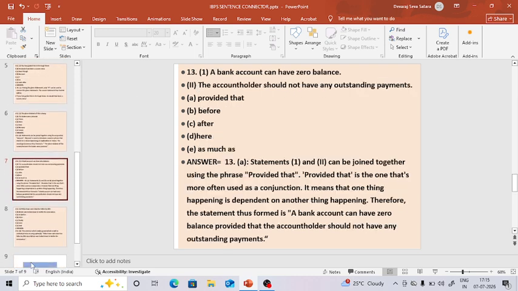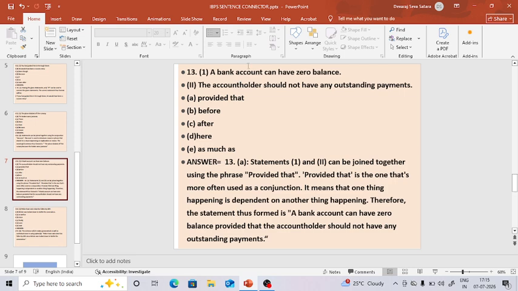Next example. A bank account can have zero balance. The account holder should not have any outstanding payment. So when it will be "provided that", among the options before, after, as much as, so, provided that, we can use here to join these two sentences.